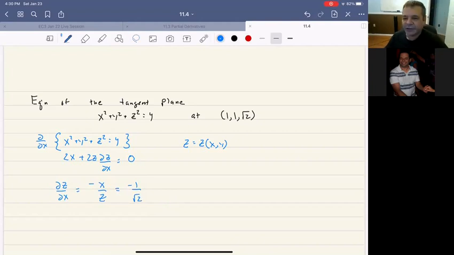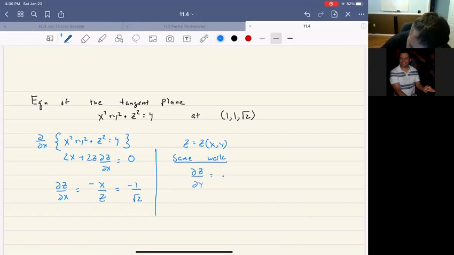Now, I could do the whole thing again with partial with respect to y, but it's going to come out to the same answer. Okay, so partial of z with respect to y equals dot, dot, dot, -1 over square root of 2. Everything exactly the same. Go ahead and give it a try.